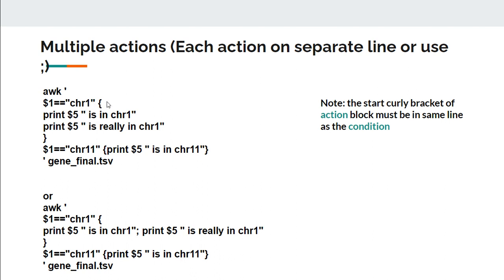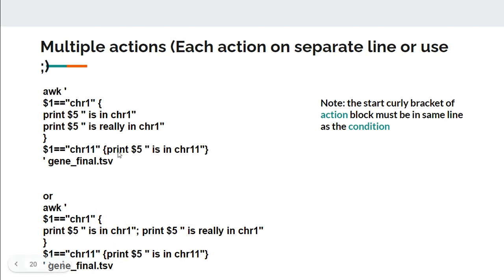It's a pairing between the test and the action block. So this is the test I am doing, $1 equal to this thing, and on the same line I start the first curly bracket. Then I can write any number of action statements, and then I end that action block. So rule number 1 is finished over here. Then I start the second rule, $1 equal to this thing, and here too I write the action on the same line.